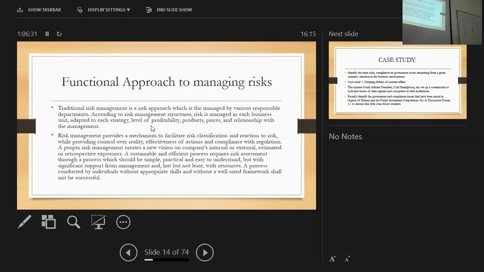Risk is managed in each business unit, adapted to each strategy, level of profitability, products, prices, which means each department sees their own risks for themselves, right? But now contemporary studies came about to decide that risk should be a function on its own, to actually create a business function of risk management.